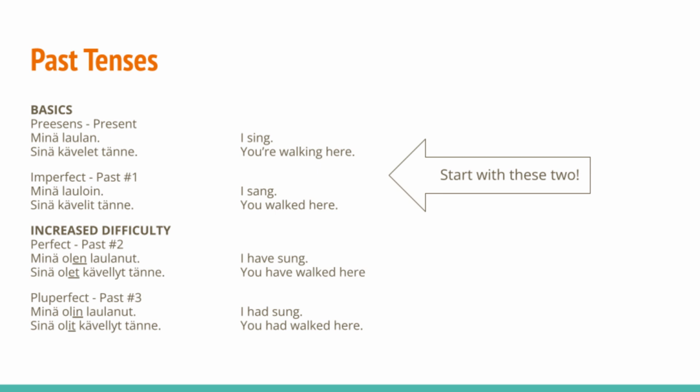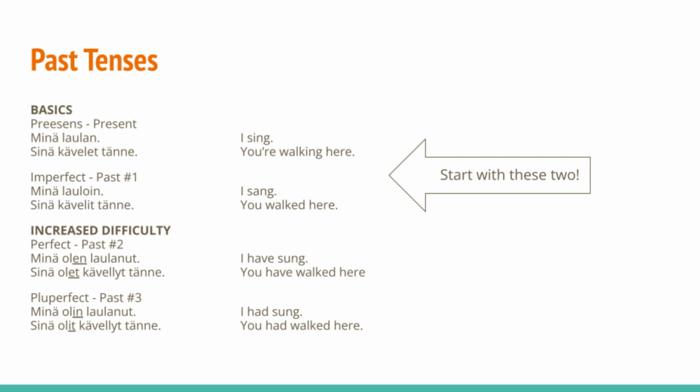The next thing, there are past tenses, and in the Finnish language we have the present, and 3 past tenses. If you're a beginner, as most likely most people in this class are, I definitely recommend first learning the present form, like I sing, and imperfect, which is the simplest past tense. Here I have examples.